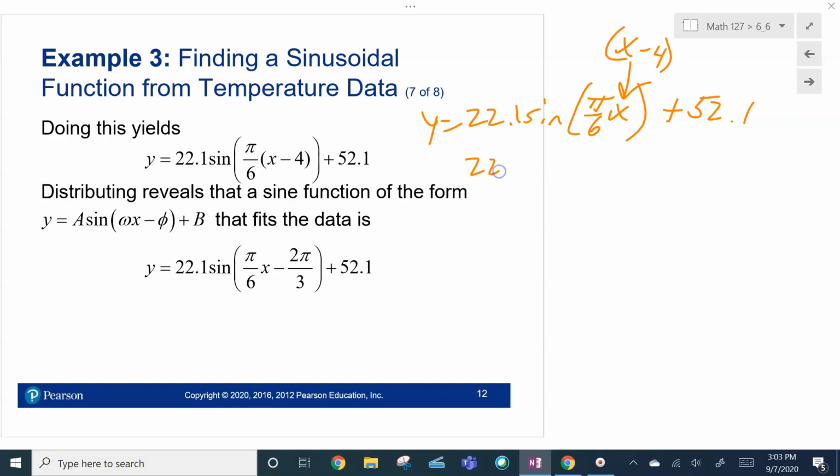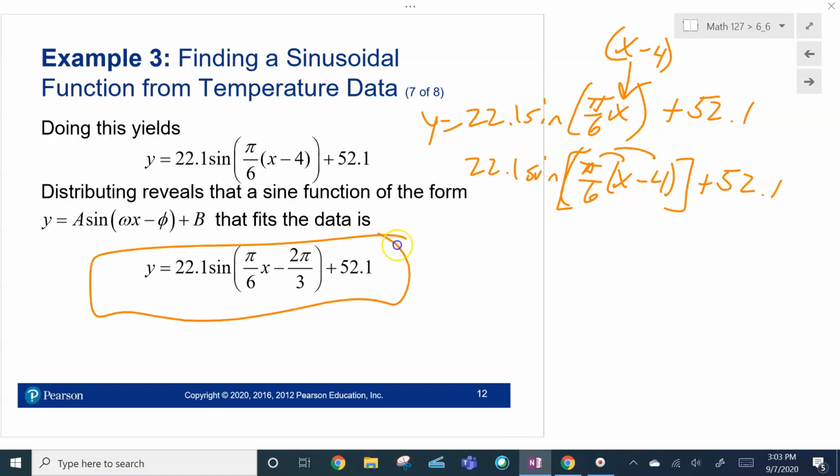So 22.1 sine of pi over 6 times (x minus 4) plus 52.1. Or if you distribute that, you end up with that. Okay, so that's how you want to think about that. That's a pretty good by-hand estimate of our A, our omega, our phi, and our vertical shift up or down.